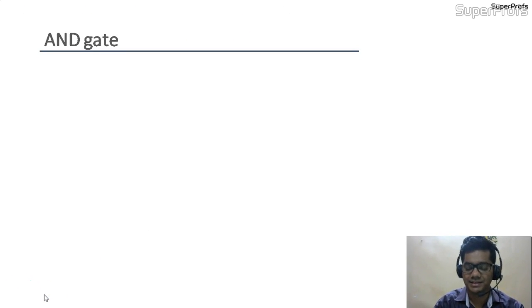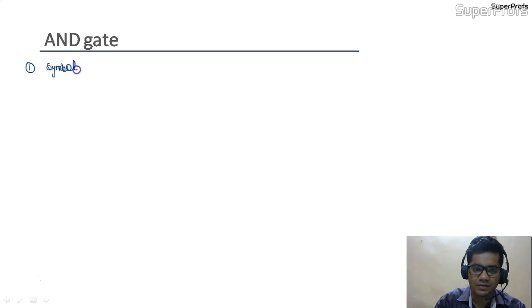So what would be the symbol? The 4 points that we are discussing in all the gates are the symbol, its truth table, its switching circuit, as well as its transistor circuit. So first we are going to see the symbol. We all know the symbol of the AND gate.